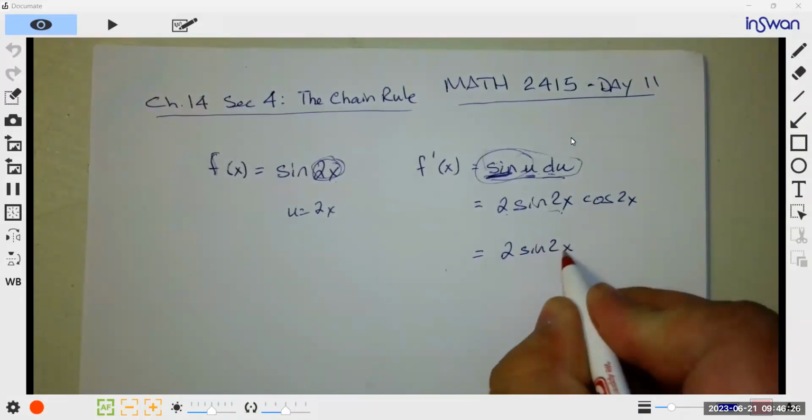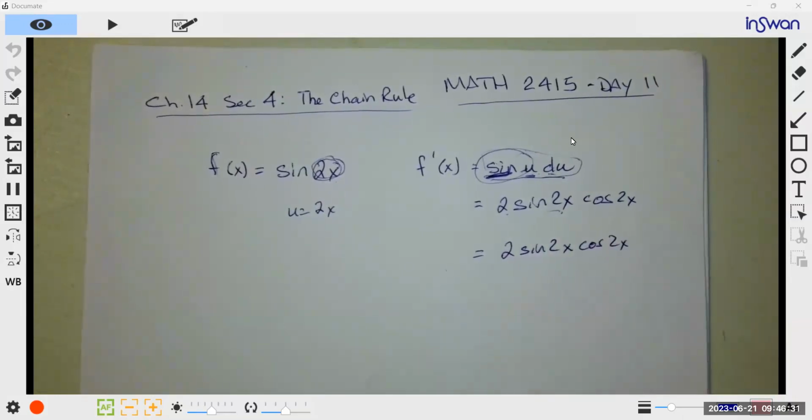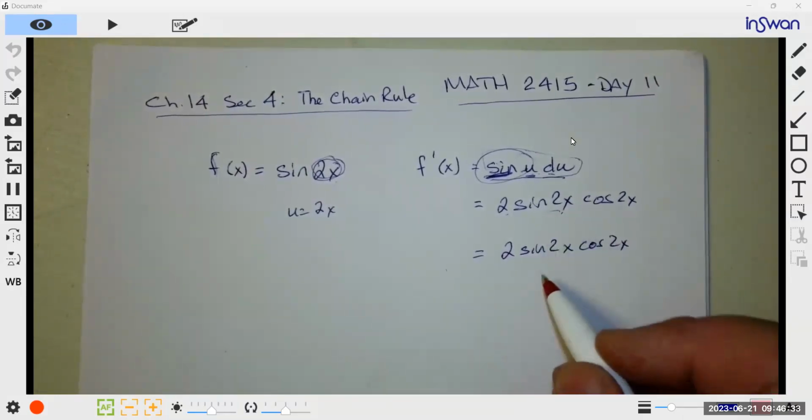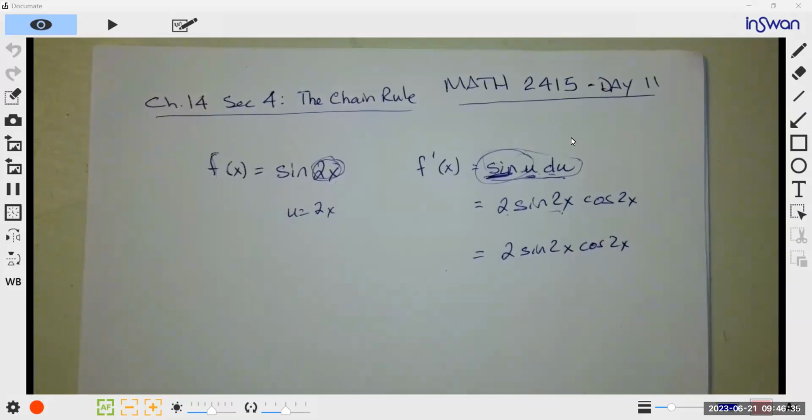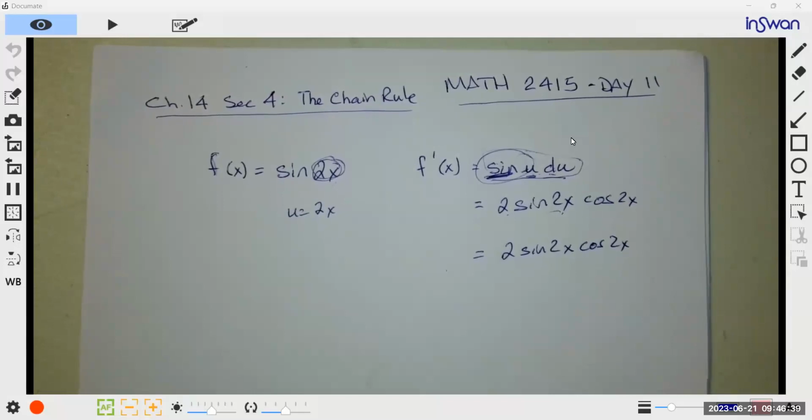So we have 2 sine 2x cosine 2x. And then we can use the trig identities to rewrite this as a double angle or a half angle. All those sheets I gave you earlier this week and last week, you will be using those a lot.